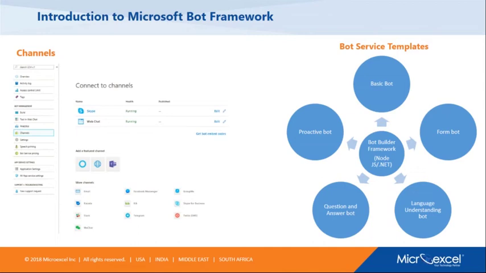For example, if a user sends a message such as get news about virtual reality companies, your bot can use LUIS to interpret the meaning of this message and return the results based on wherever it has to fetch the data. We will see the details of the LUIS application later in the presentation.